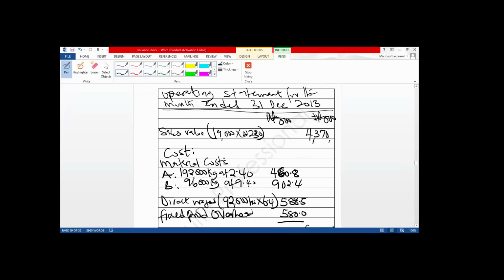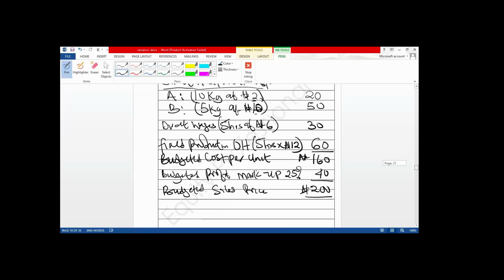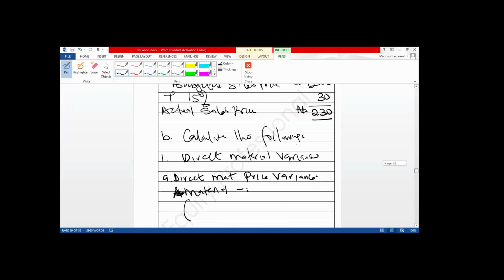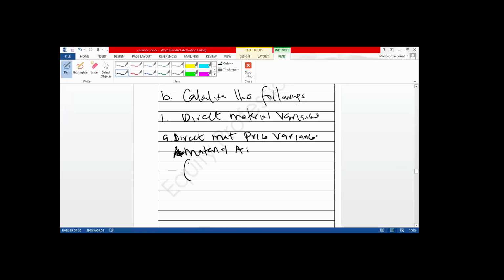I'll now come back here. Actual material price, 2.4. For material A, standard material price 2 naira, actual material price 2 naira 40 kobo.